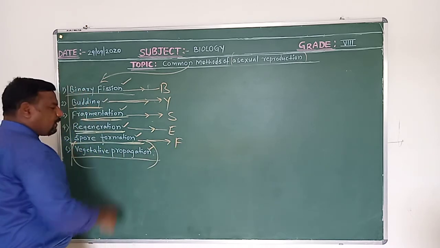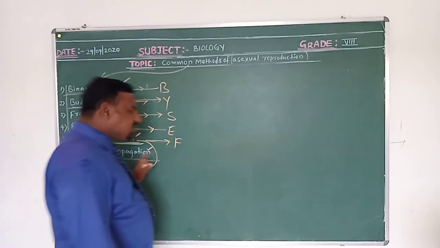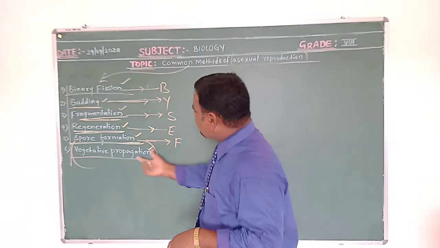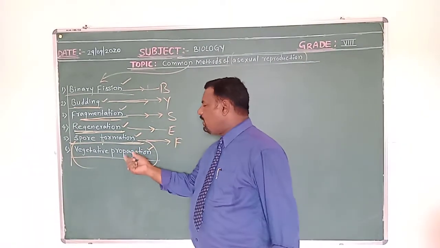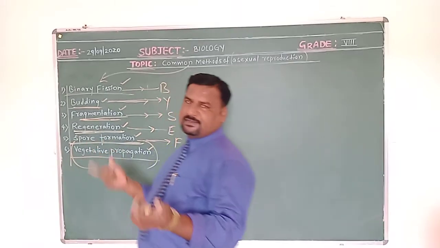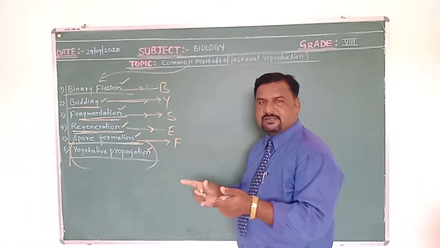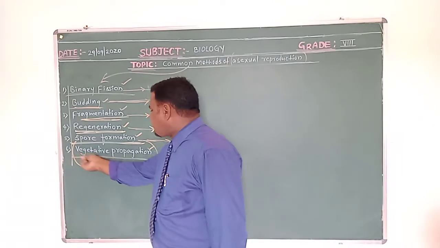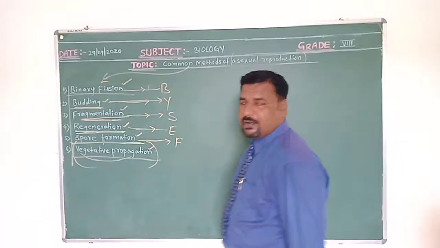Now, vegetative propagation. What is propagation? It is reproduction. For reproduction only, we can call it propagation. And what do we mean by vegetative? Asexual. So vegetative propagation is nothing but asexual reproduction.